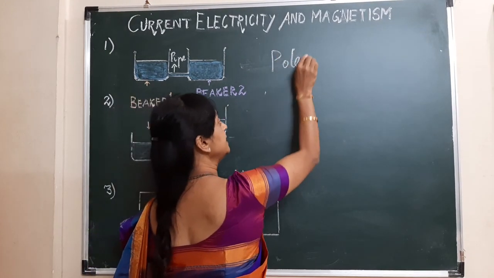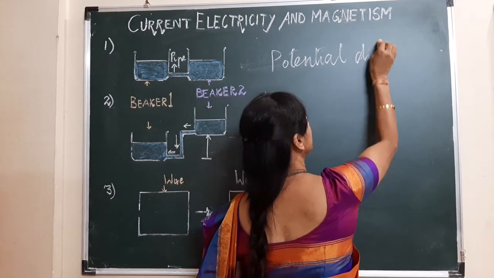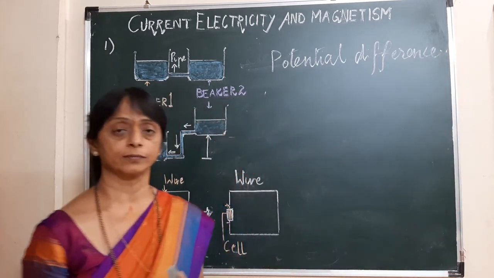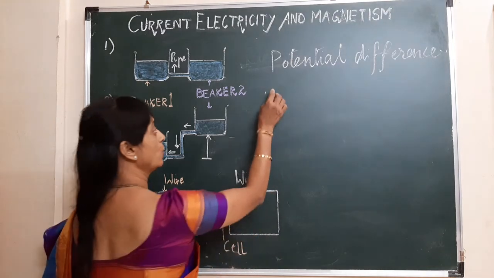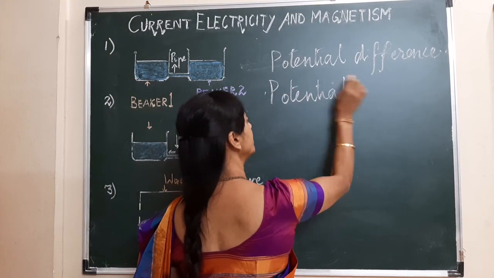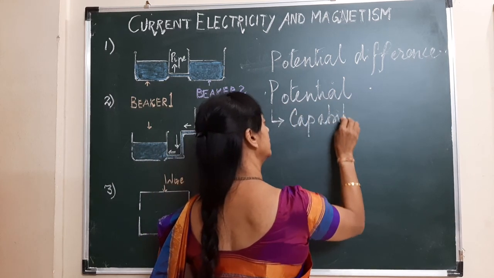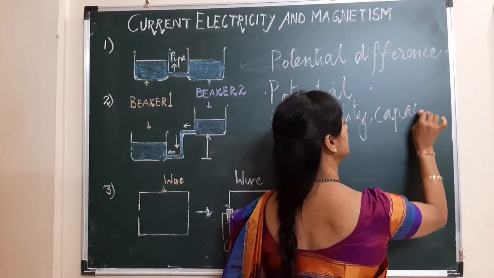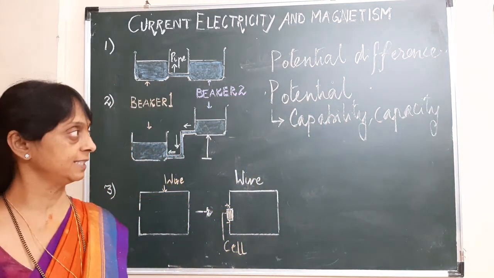So first, let's understand what this potential difference is. Now children, we know in simple terms what potential is. It is the capability, or you can say it is also termed as capacity.